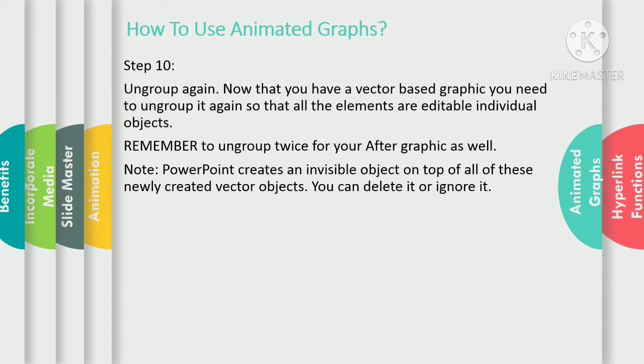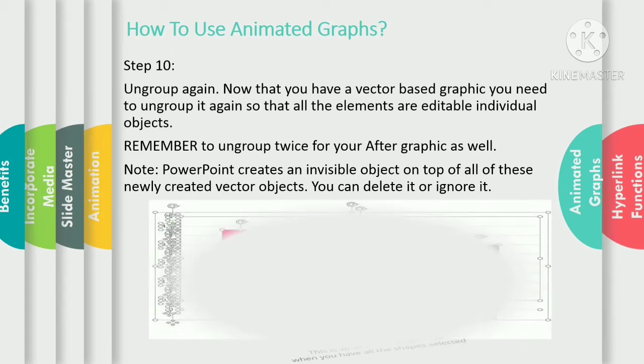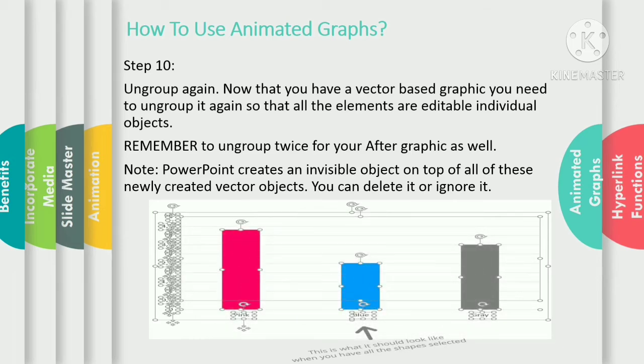Now that you have a vector based graphic, you need to ungroup it again so that all the elements are editable individual objects. Remember to ungroup twice for your after graphic as well. Note: PowerPoint creates an invisible object on top of all of these newly created vector objects. You can delete it or ignore it.